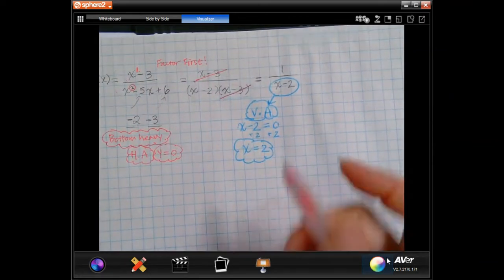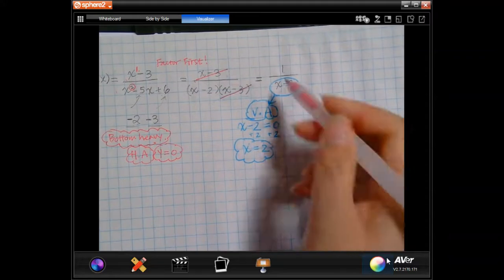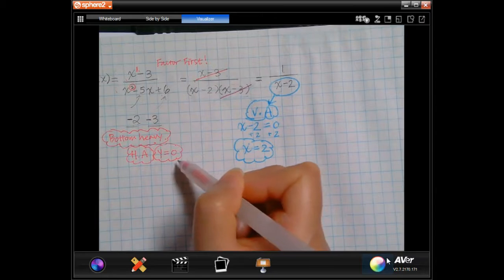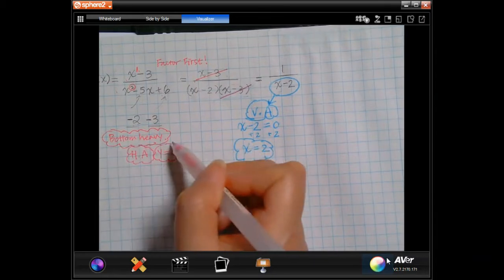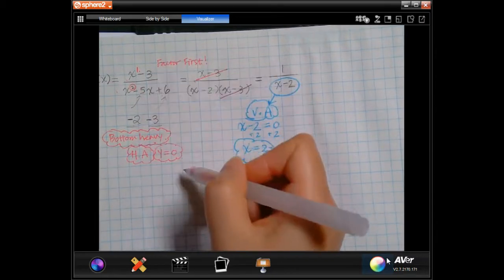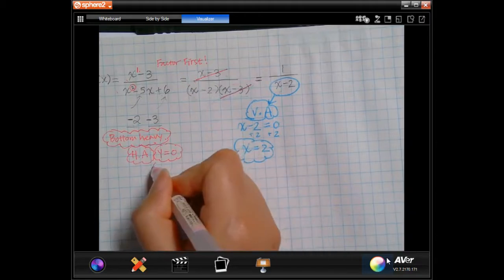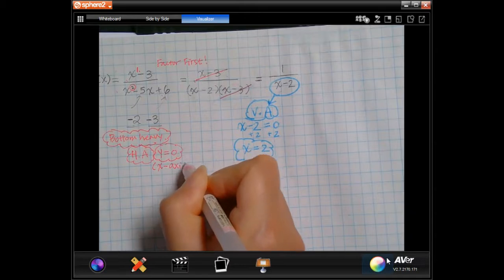Okay, now I have two key features, vertical asymptote and horizontal asymptote. So the bottom heavy structure gives you the idea about the horizontal asymptote. It's always going to be y equals 0, which is the x-axis.